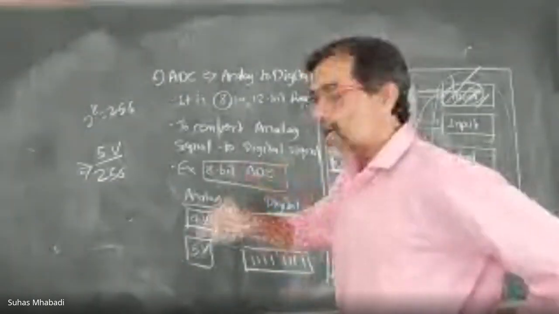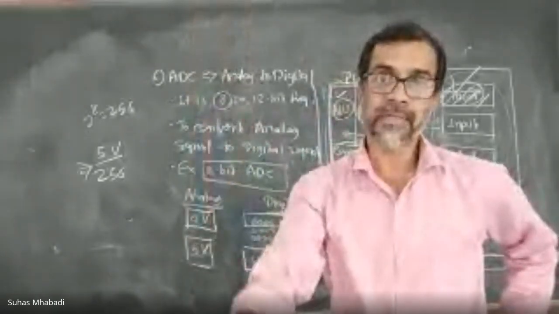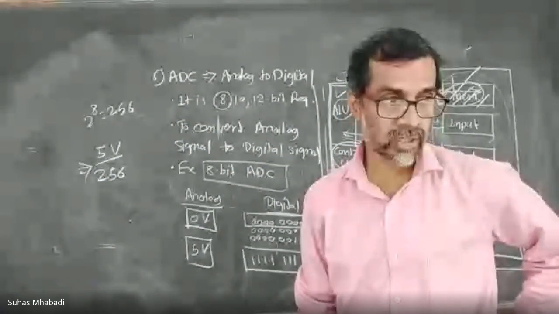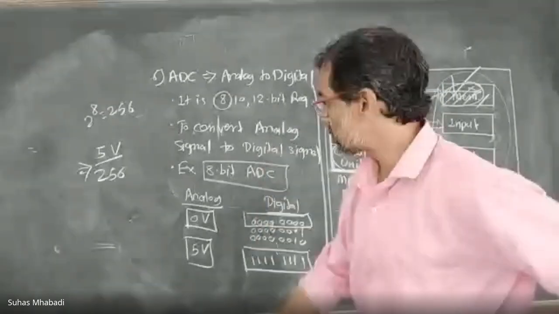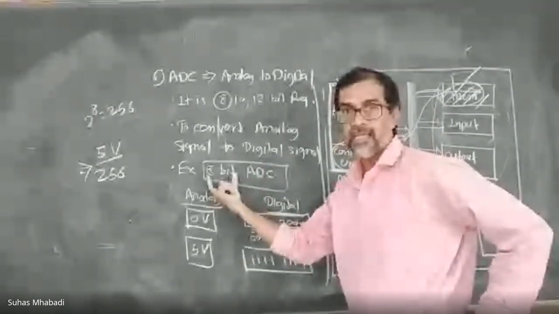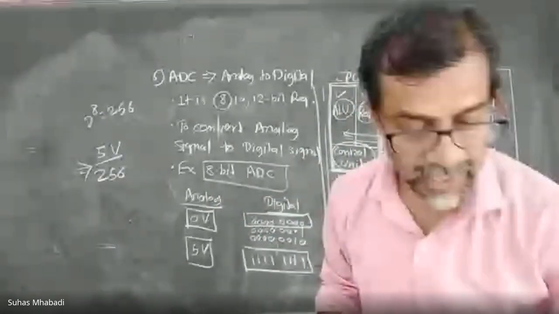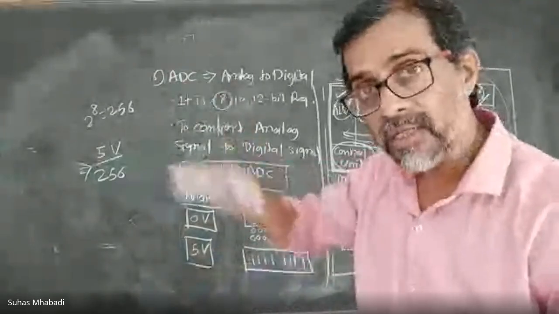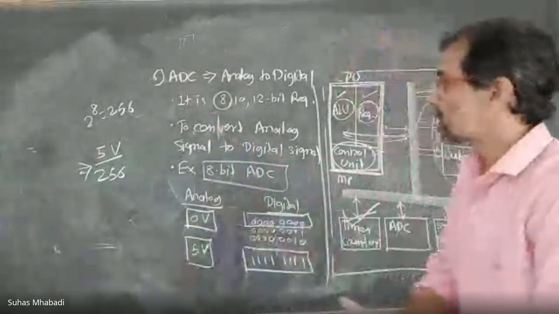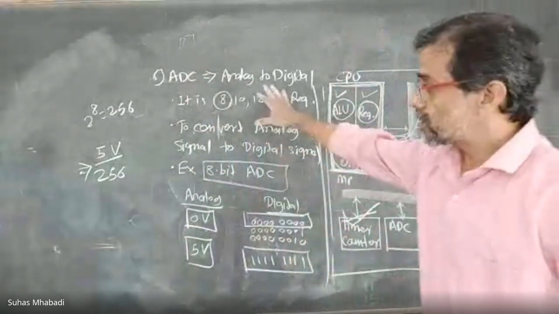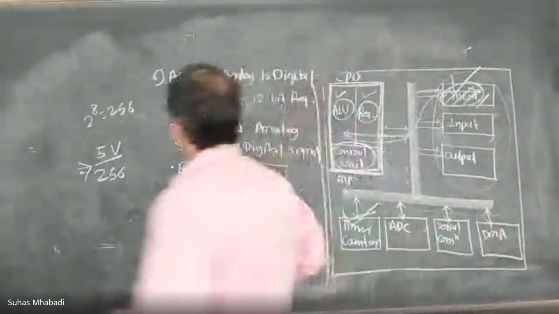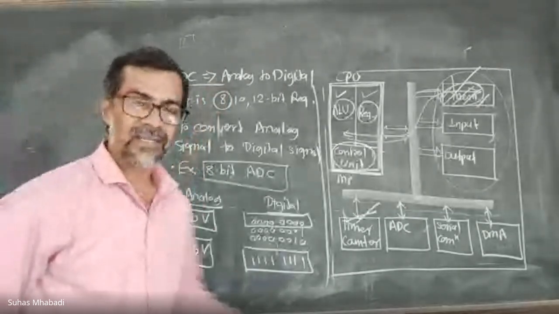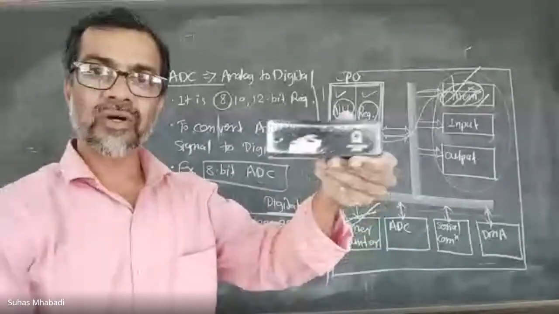And if it is a 12-bit register, the number of steps is 4096, if I'm not wrong. Of course, that depends upon the bit size, because the formula is the same: 2 raised to n is equal to the number of locations or number of steps. I hope you understood this. But in the end, what is it? A register. This is also a register.